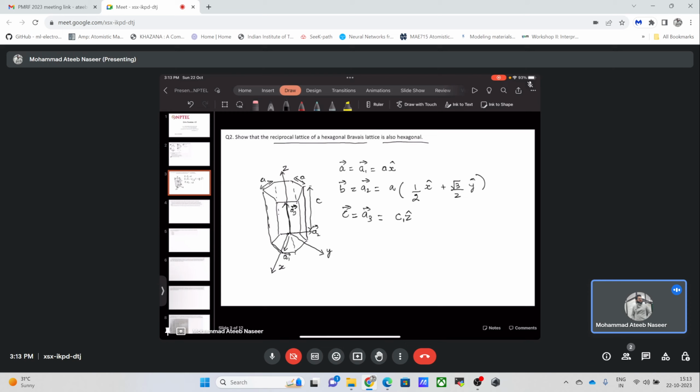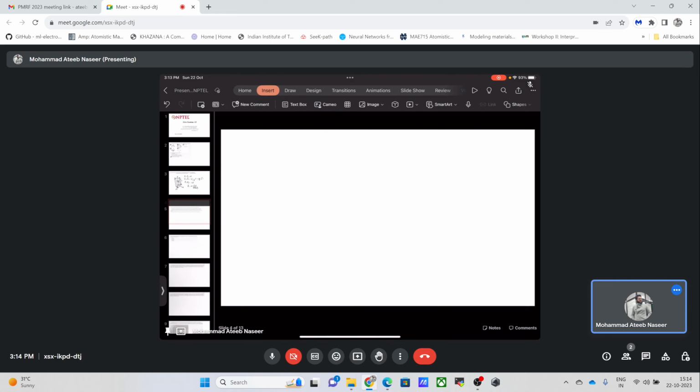This is the simple representation. Now we know the reciprocal lattice vector will be given by 2 pi times b cross c divided by a dot b cross c. It is simple mathematics that we need to deal with.